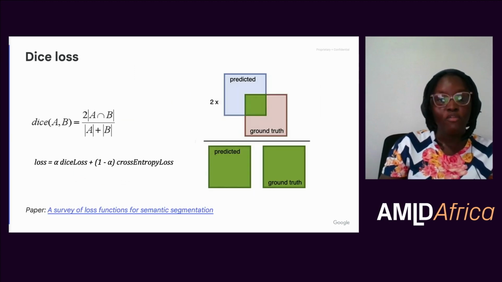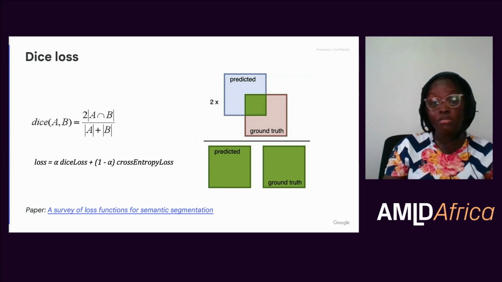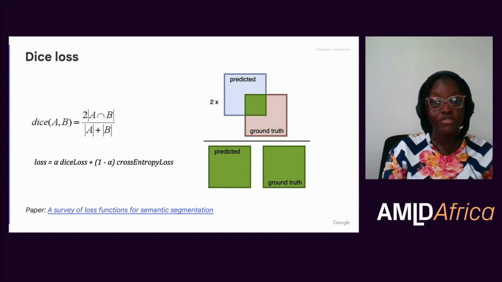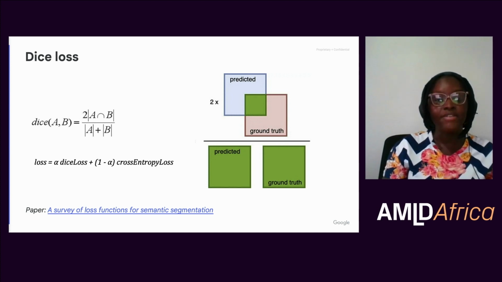For the loss, we started off with a dice loss, a linear combination of dice loss and cross entropy loss. The dice loss is just a smooth version of intersection over union. And for our task, it was important for making the predictions crisp.